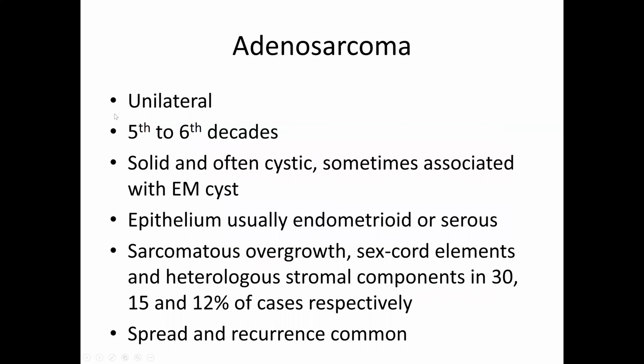Again, this tends to be unilateral, in older patients, sometimes cystic and solid, and it usually has associated endometrioid or serous type epithelium with a very pronounced sarcomatous overgrowth, maybe sex cord elements and so forth. This tends to spread and to recur locally because it's a difficult tumor to control.